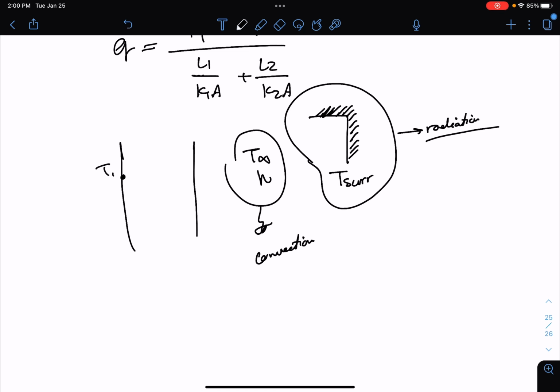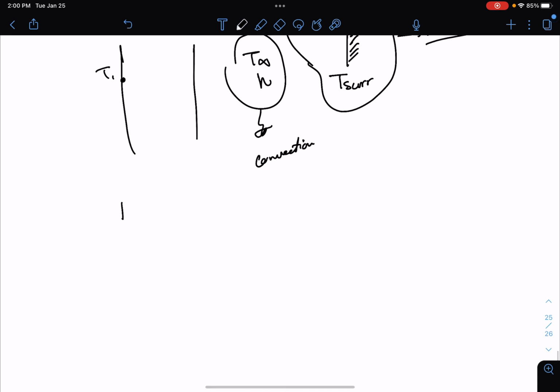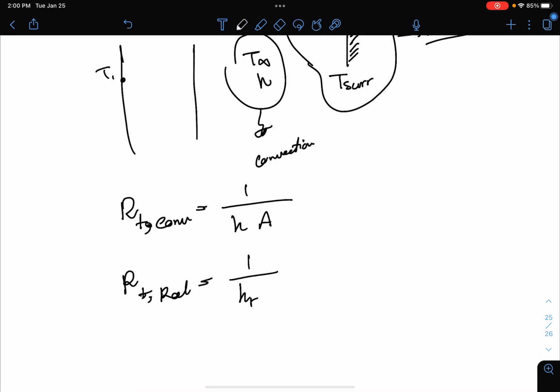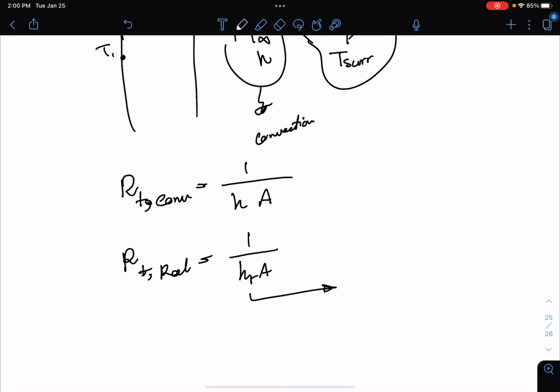As long as you can safely assume that this is one-dimensional heat transfer, you can apply the thermal resistance formula. The only thing that is different when you are including convection is the resistance of convection, which is 1 divided by h multiplied by A. And if you have radiation, you are going to have 1 divided by h_r multiplied by A. Do we remember what h_r was from the previous lectures?